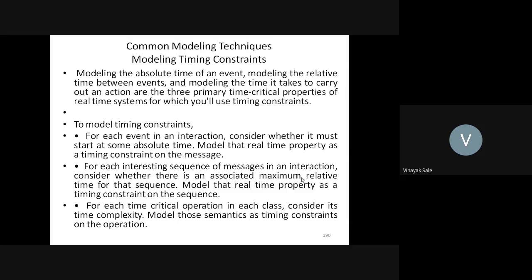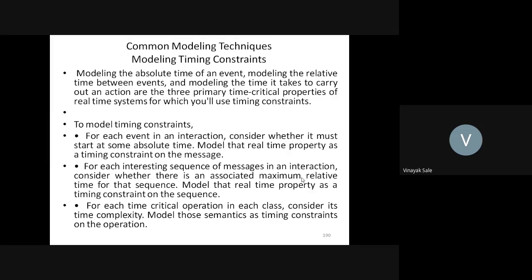Modeling the absolute time of an event, modeling the relative time between events, and modeling the time it takes to carry out an action are the three primary time-critical properties of real-time systems for which you will use timing constraints.